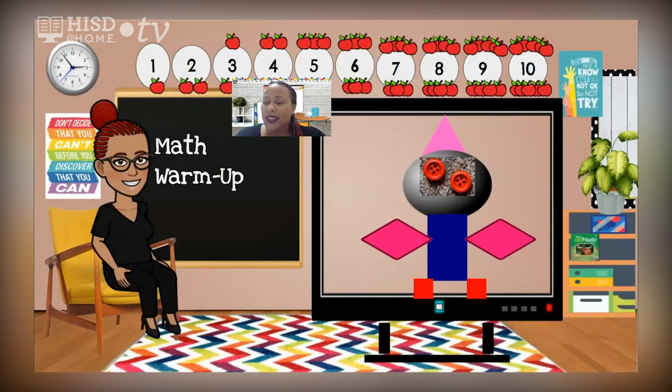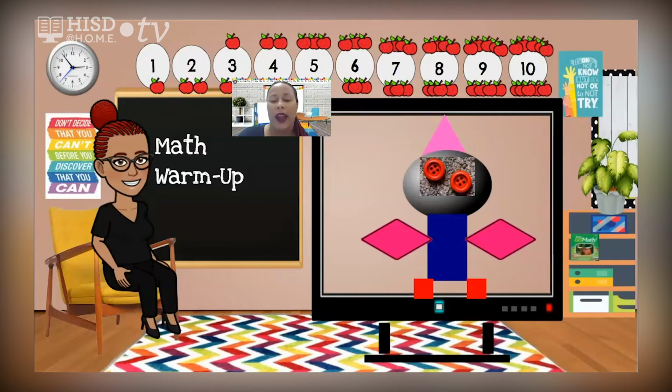Good work. Look at his arms. Do you know what shape his arms are? It's kind of tricky. That one starts with the R. Yes, it is a rhombus. And what about the feet? What shape are the feet of this robot?